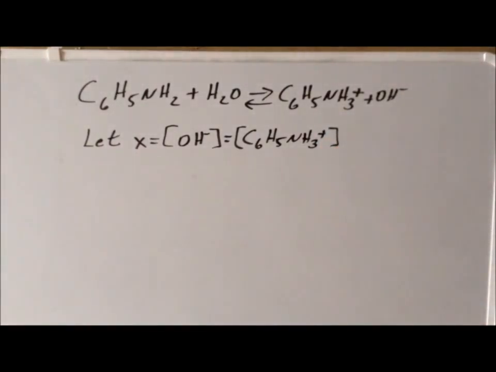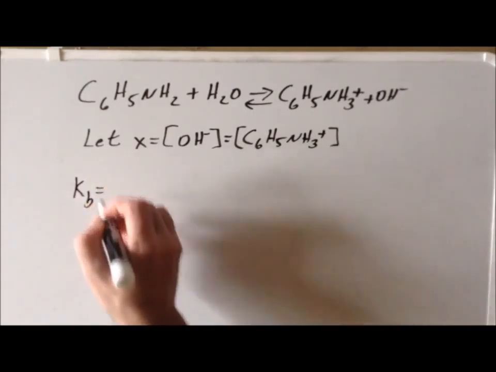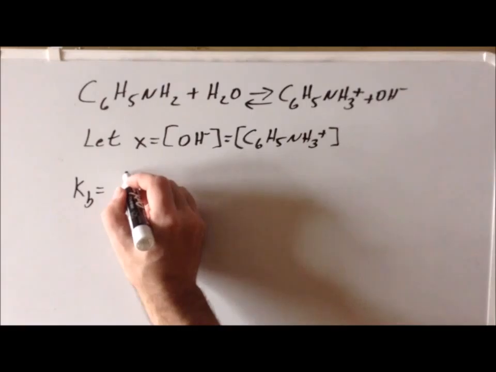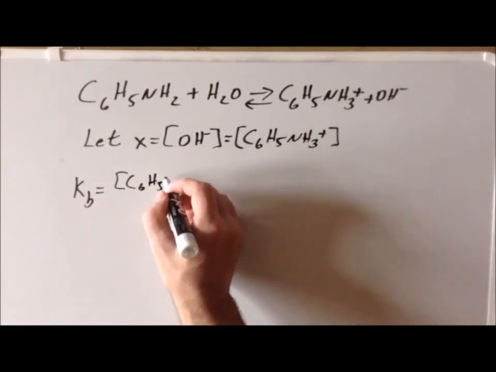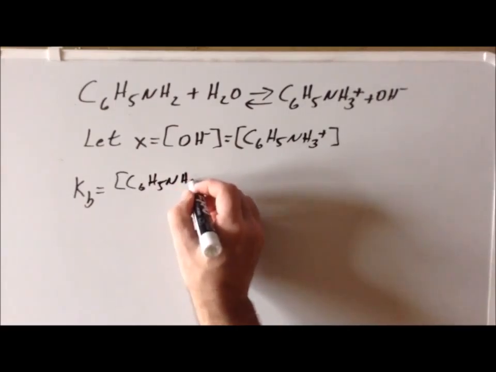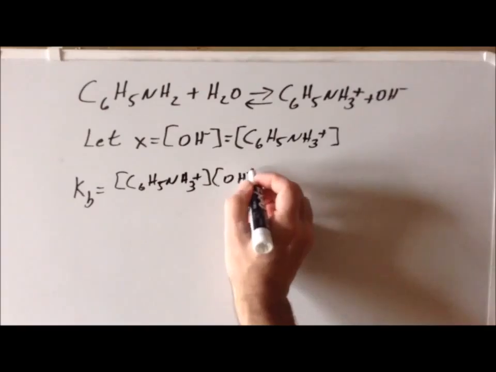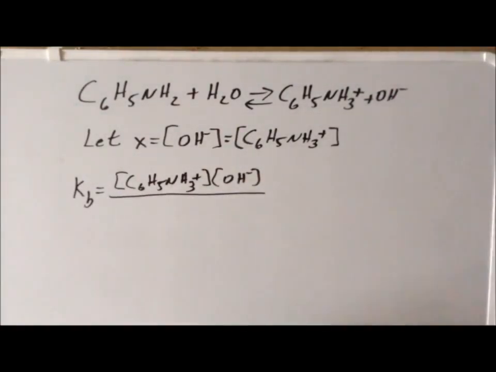With that in mind, we can now write the equilibrium constant Kb for this reaction. Recall that the products always go on top. And the reactants go on the bottom, so long as they are not pure liquids or pure solids.